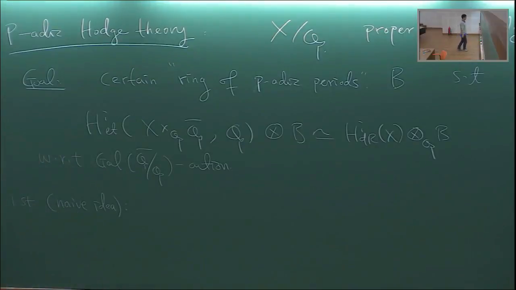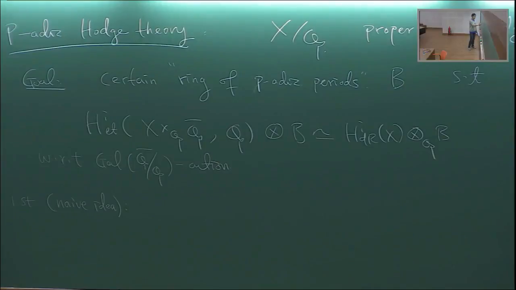this is a picture I really would like to draw in every one of my talks: you have the rational numbers Q, which is the central object of number theory. You take various completions: the Archimedean completion and also the non-Archimedean completions. Then you take the algebraic closure.